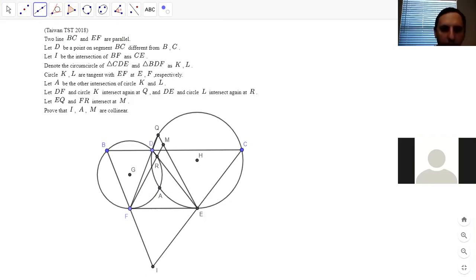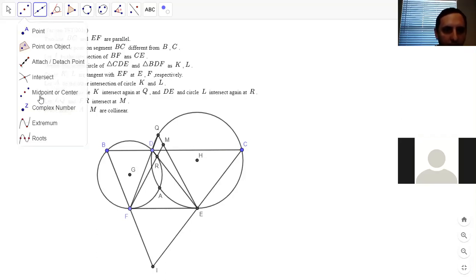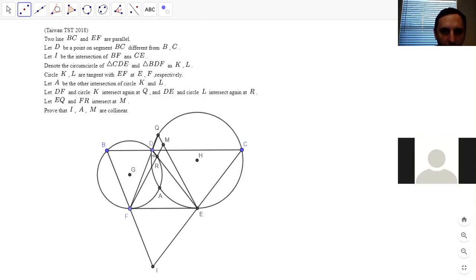Maybe we could use some medians. Basically, because we could draw the midpoint of CD, right? Okay.